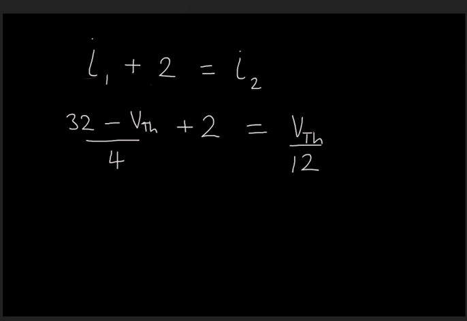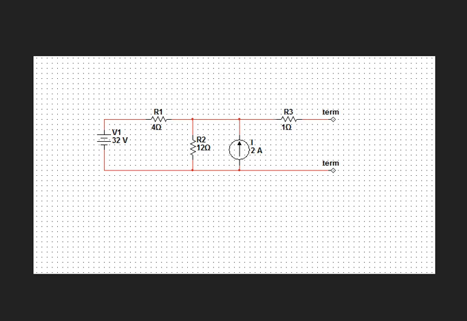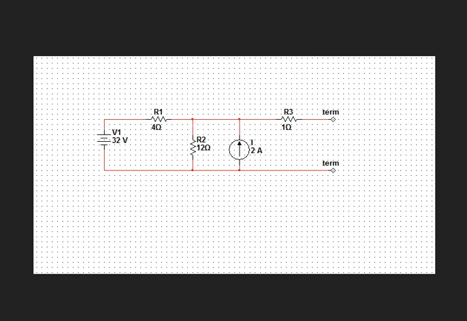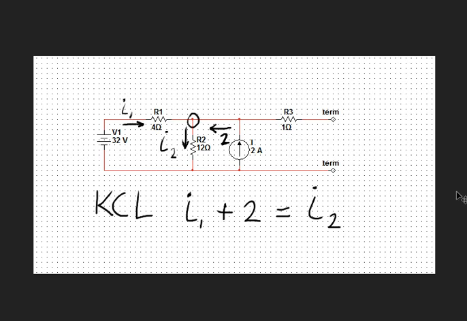Let's go back to the circuit. So I1 would be 32 minus V Thevenin over 4, and I2 would be V Thevenin over 12. So let's continue.